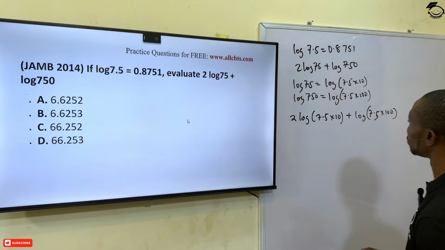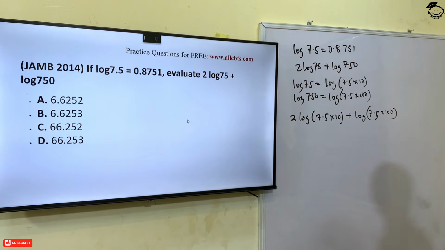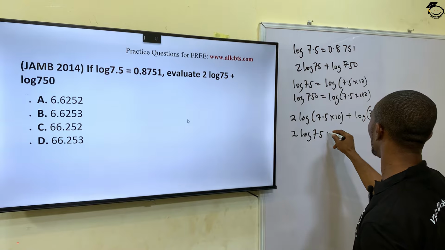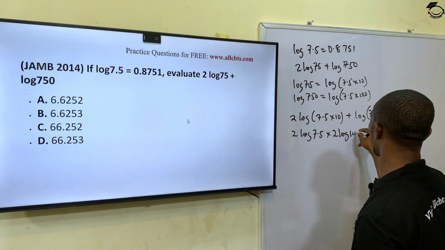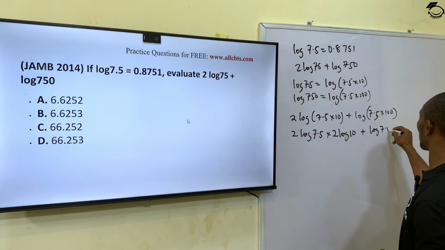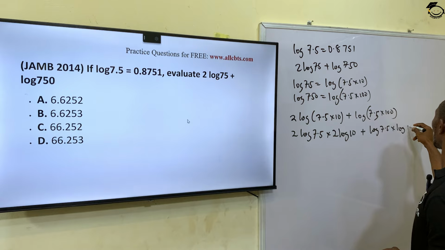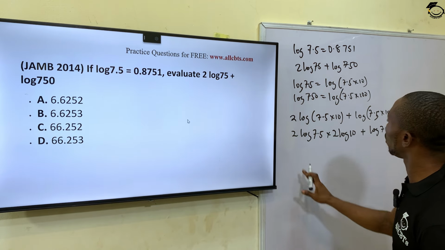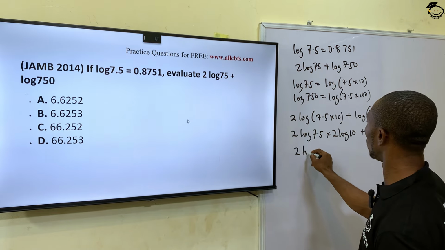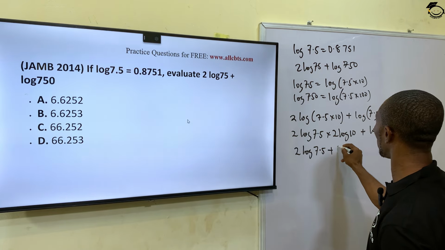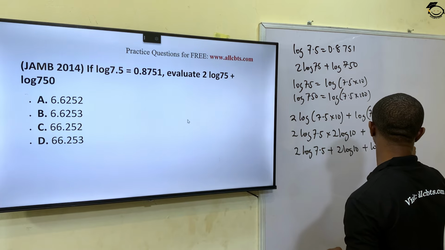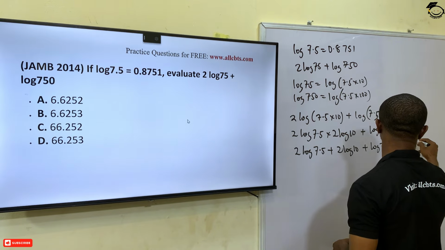All right, now opening up this bracket, we have 2 log 7.5 times 2 log 10 plus log 7.5 times log 100. Now applying our law of indices where multiplication becomes addition, this becomes 2 log 7.5 plus 2 log 10 plus log 7.5 plus log 100.